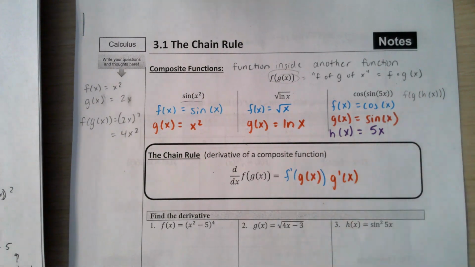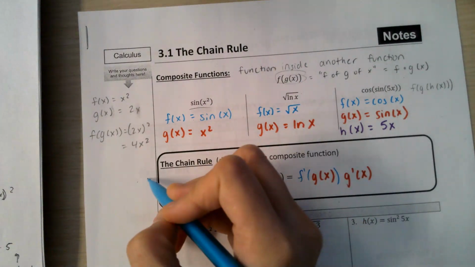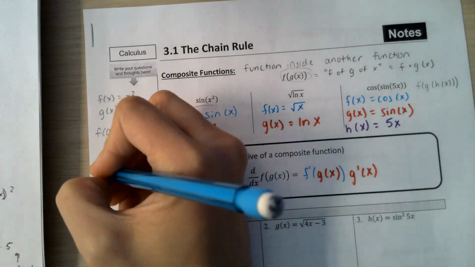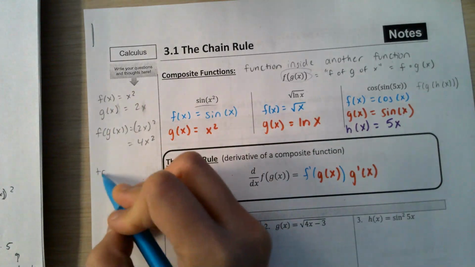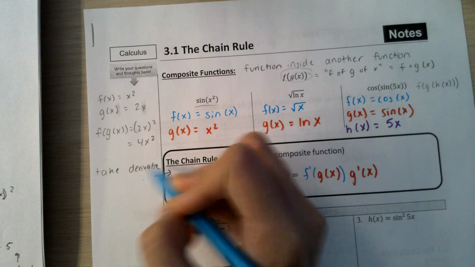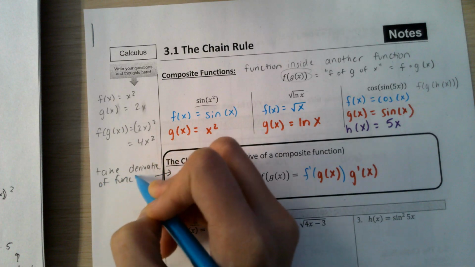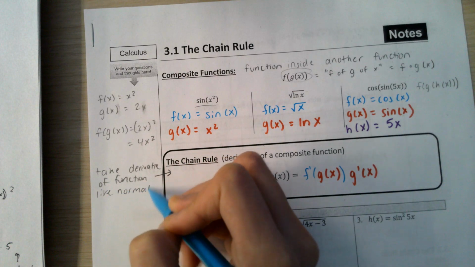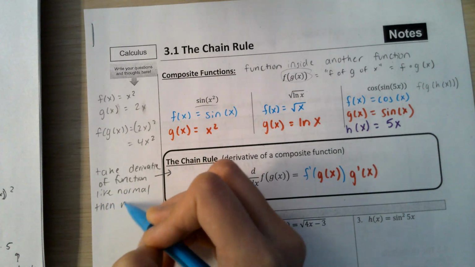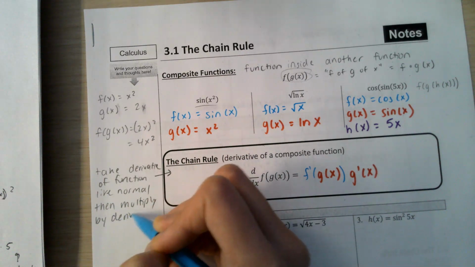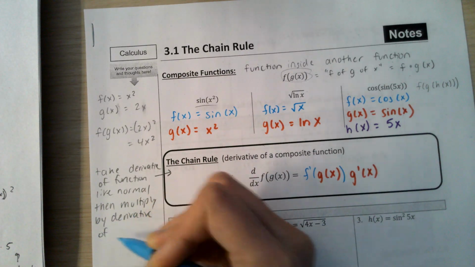Right, and so that looks really icky, but pretty much this is saying, take the derivative of the function like normal, then multiply by the derivative of the inside.